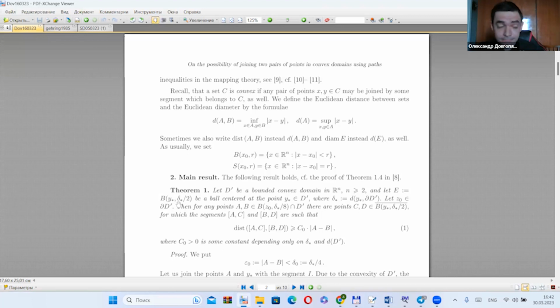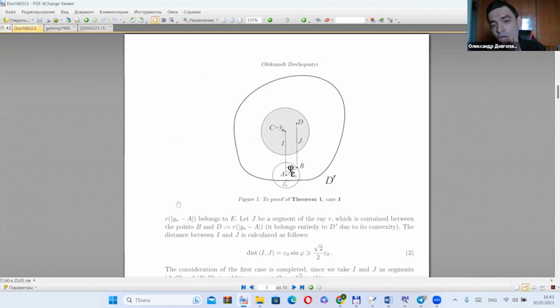To prove this theorem, I divided the proof into 3 different cases, and let me explain what cases I mean. So in this theorem, we have domain D prime, which is bounded and convex. We have point y star, which belongs to this domain, and we have a ball with center y star and radius equal to the distance from this point to the boundary divided by 2.